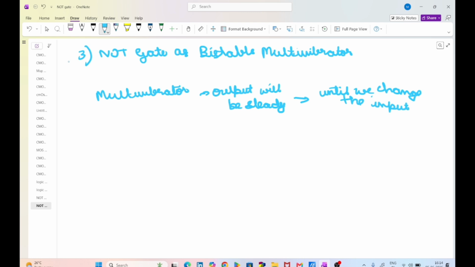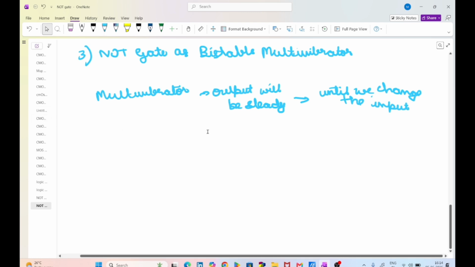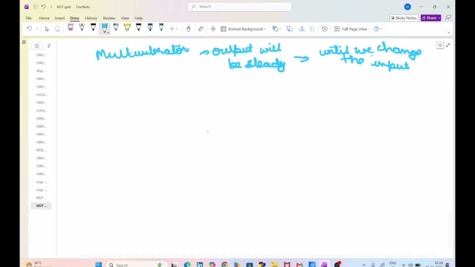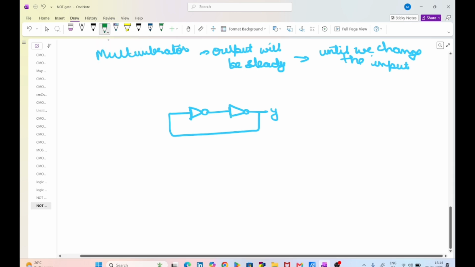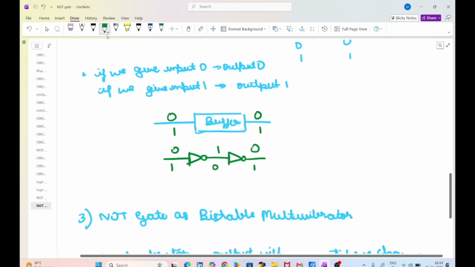Let us explain this using the NOT gate. Here we use two NOT gates, like this. The buffer and the bistable multivibrator are different: here there is a feedback, and in the buffer there is no feedback.